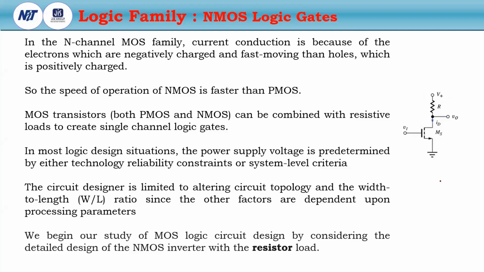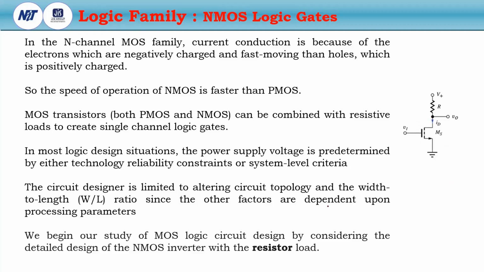Hope you already know the MOSFET, where the N-channel MOSFET and the P-channel MOSFETs are there, by which the NMOS and PMOS nomenclature was done. So this length of the channel which is produced from source to drain, then this channel aspect ratio, that means W by L, width of the channel and the length of the channel, this is the main design issue of the NMOS or the PMOS.